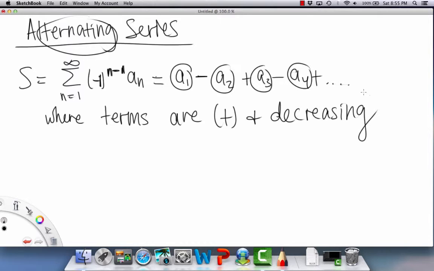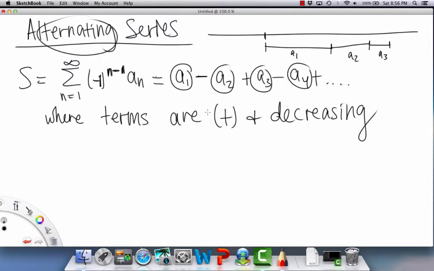And decreasing in this sense, as I said before on the other number line, if our A1 is this long, our A2 has to be shorter than that. That's A2, and then A3 has to be smaller than A2 in order for this to hold true. So from there, now I'll depict what's going on here.